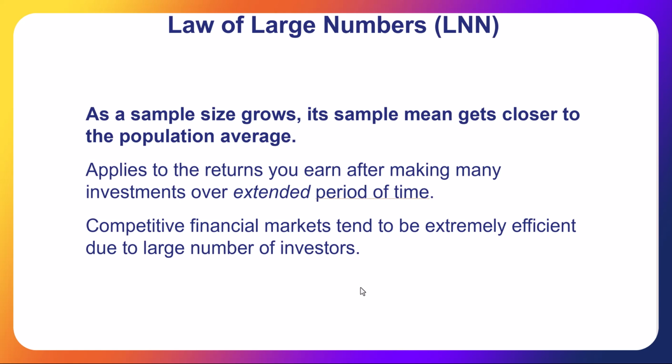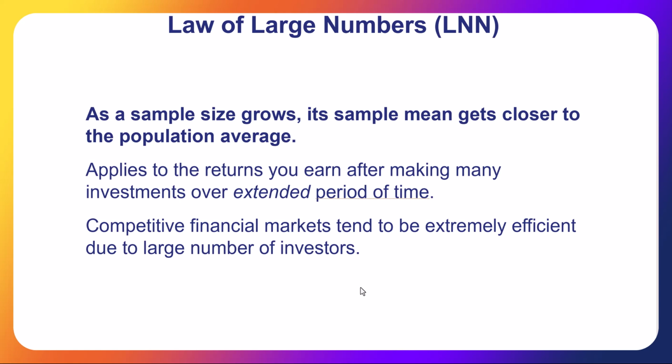There's something called the law of large numbers. As a sample size grows, its sample mean gets closer to the population average. So this applies to the returns you earn after making many investments over extended periods of time. So again, investing numbers are seen to imply efficiency or fairness because of the law of large numbers.